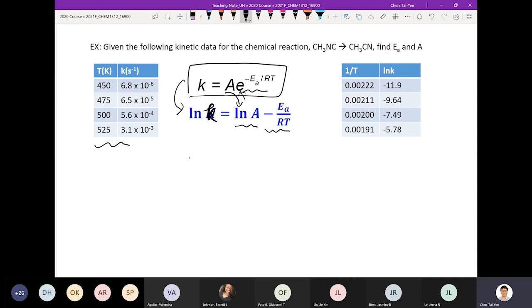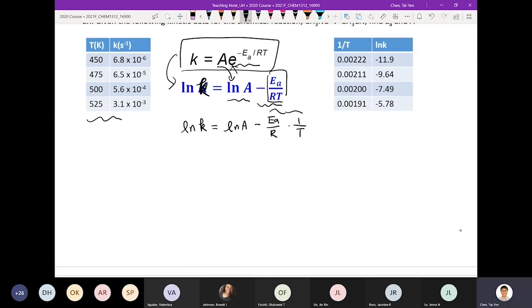So I'm going to rewrite this. It becomes ln k equals ln A minus Ea over R times 1 over T. The reason I do this is that if I make this my Y, and this my X, then I can write this as Y equals C minus AX.